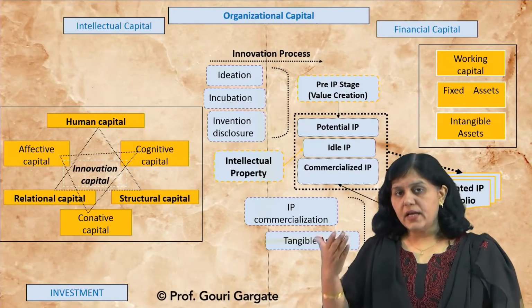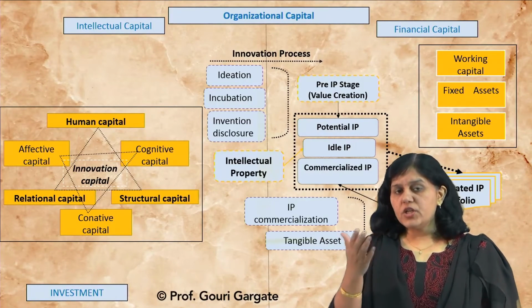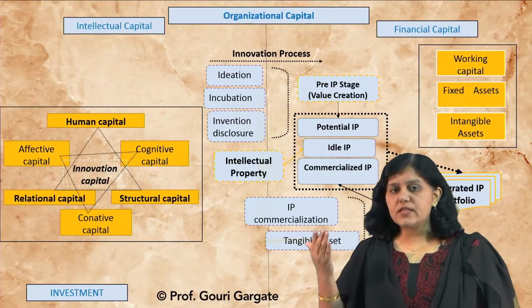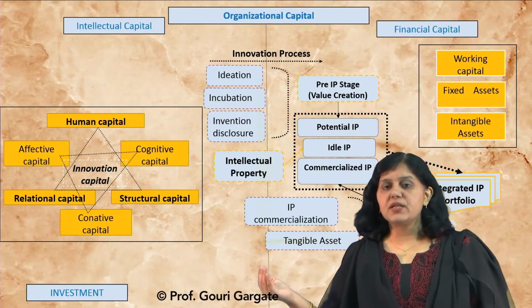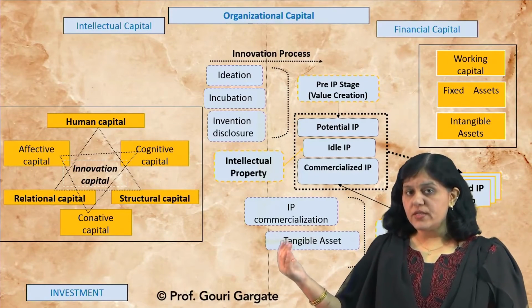And so, you can see on the screen also that move from that potential IP, and that first part is on the investment side, and you can see the post-IP stage towards a financial gain. The integrated IP portfolio is now ready.